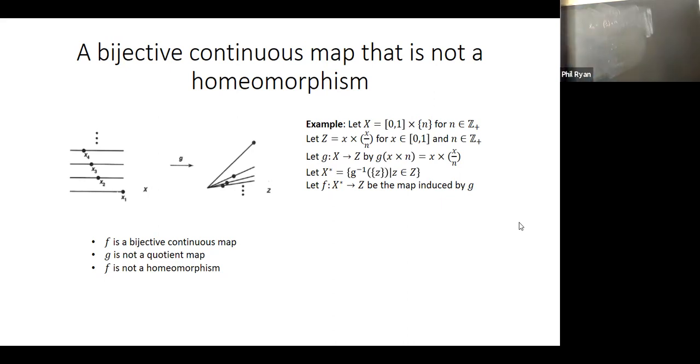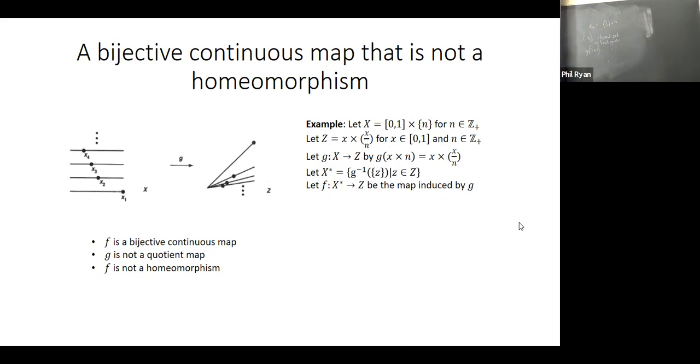If we look at the set of xn's in X, it's a closed set, and there's no limit point, because all the points are at least one unit away from each other. But when we look at G of xn, that changes.